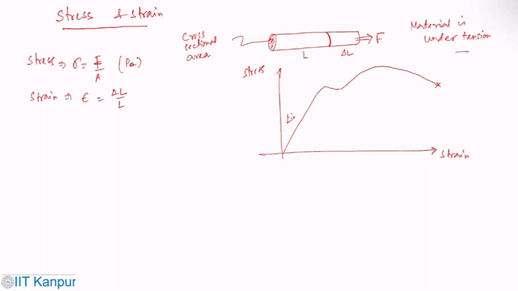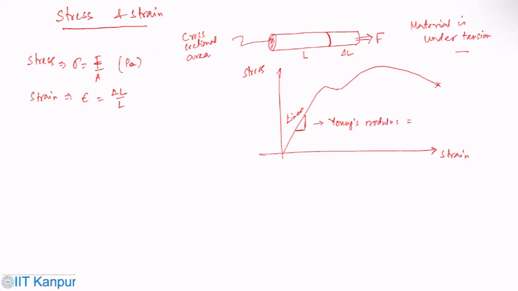This portion is linear, and the slope of this curve gives me Young's modulus.